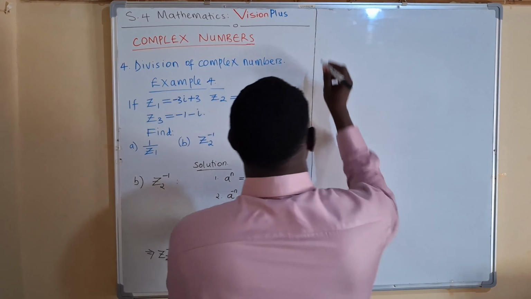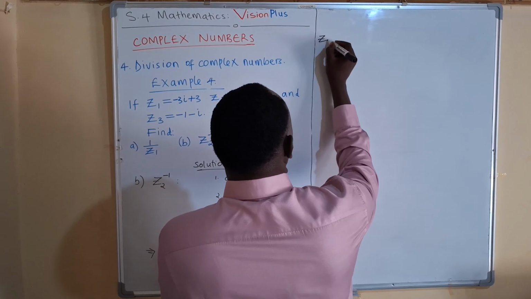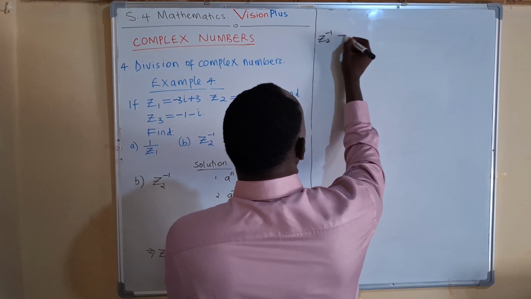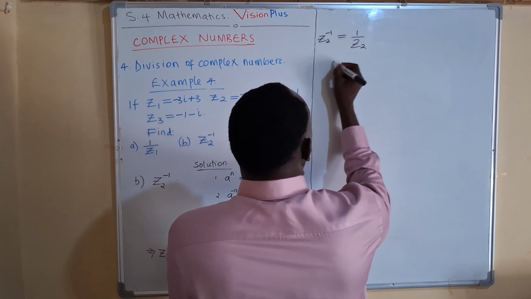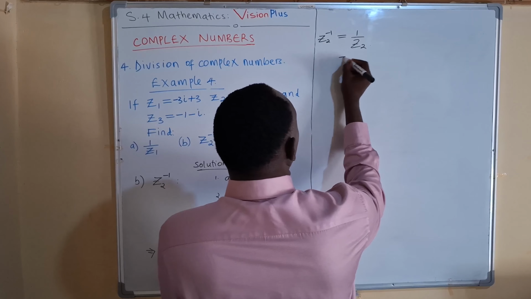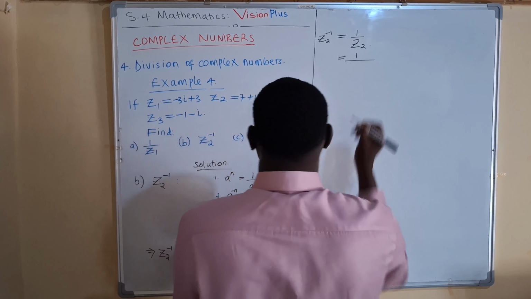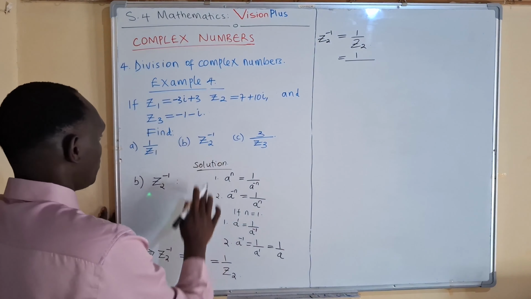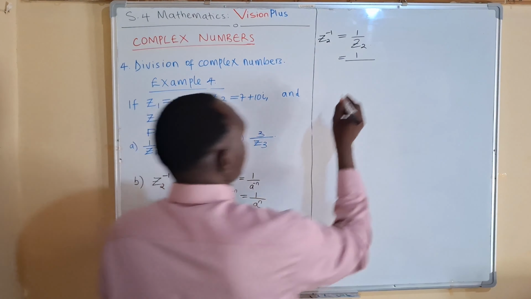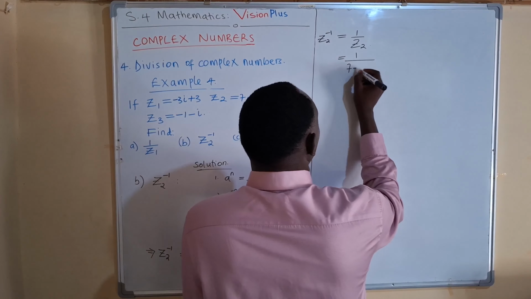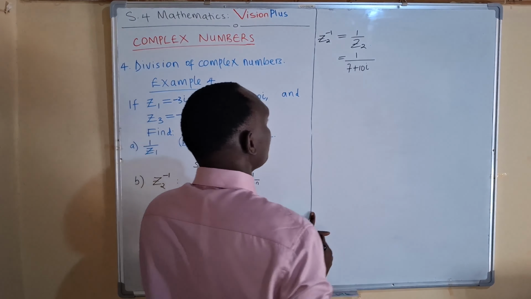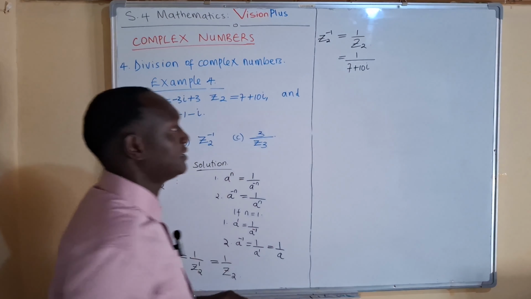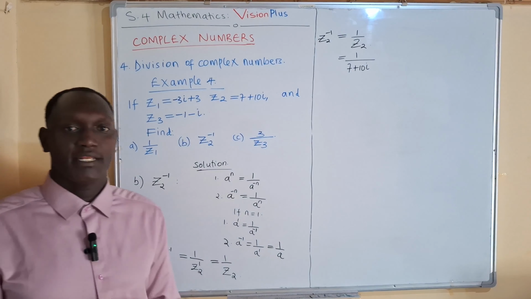Continuing with it, we shall now say that Z2 to the power negative 1 is the same as 1 over Z2. And this implies that we shall have 1 over, what is Z2? Z2 is 7 plus 10i. If you look at the numerator, it is 1, and the denominator has two terms.